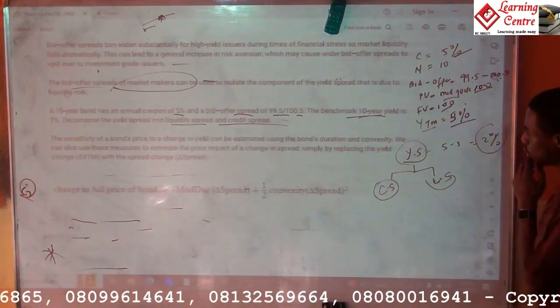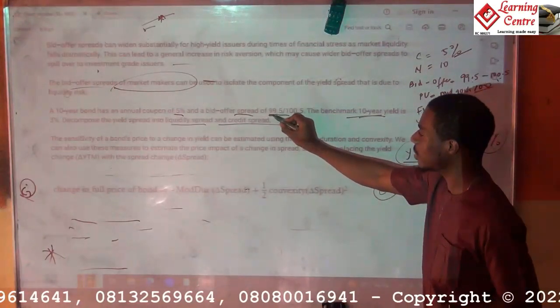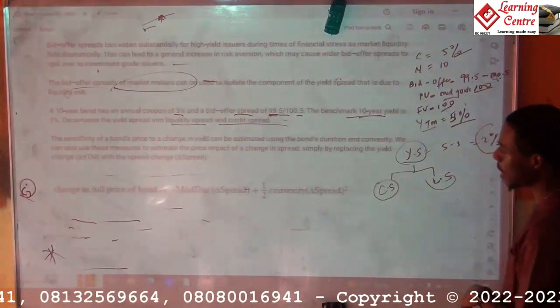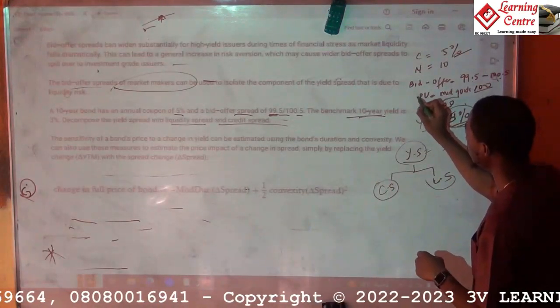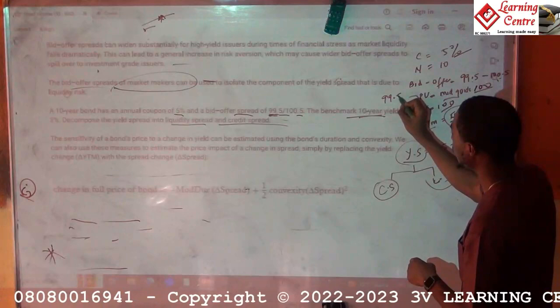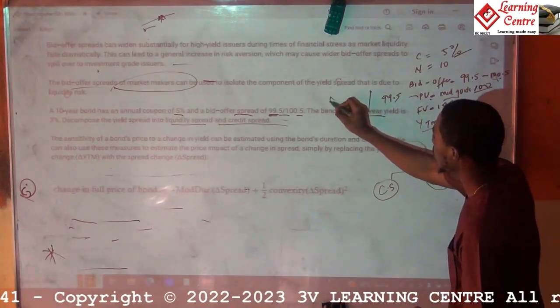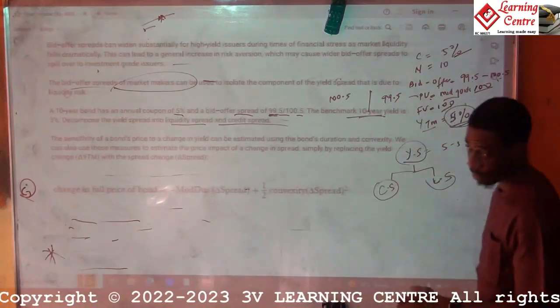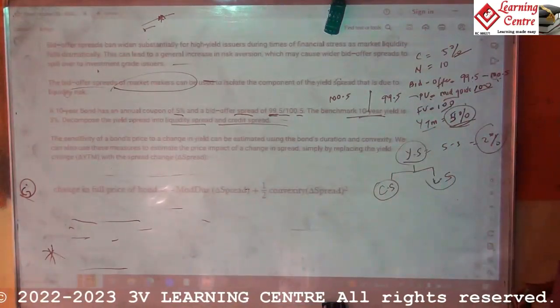What I'm going to do is compute the YTM when the PV is 99.5, and compute the YTM again when the PV is 100.5, because one is the bid and the other is the offer.